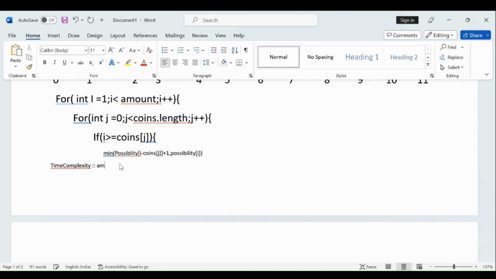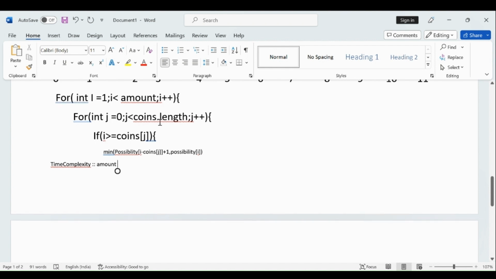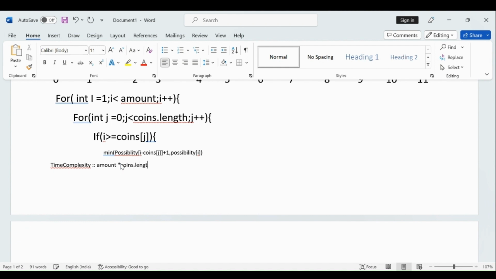So the first for loop will run up to the amount, and the next for loop will run for each and every amount. It will run for the coins length. So your answer in this case will be amount into coins dot length. This is the worst time complexity of this problem.